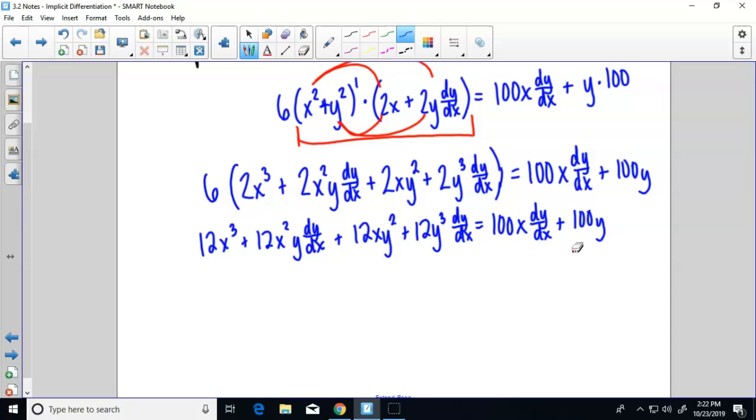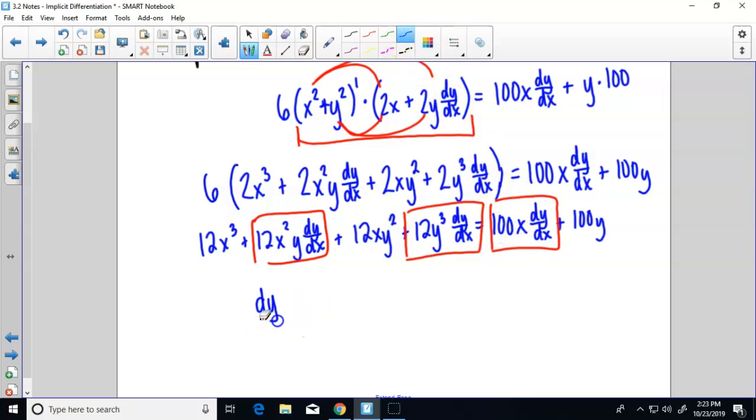Alright, it's kind of a mess, but we've gotten down to the part where it's not going to be quite as difficult now, because now we need to move all our dy/dx terms to one side, and all of our parts without the dy/dx to the right, and then we'll solve from there. So when I do this, I usually go ahead and factor it.